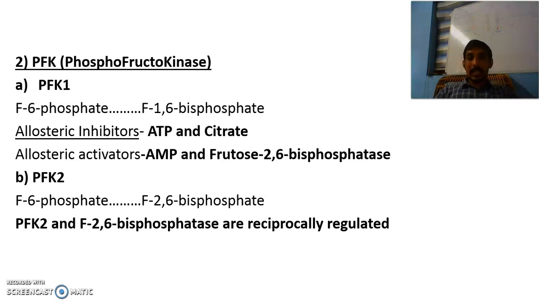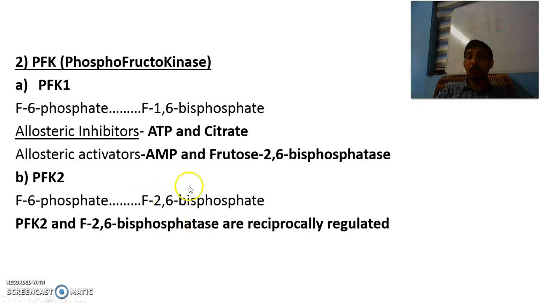And like that, if the cell contains more AMP and fructose 2,6-bisphosphate, that is an indication that the cell shows a thirst for energy.